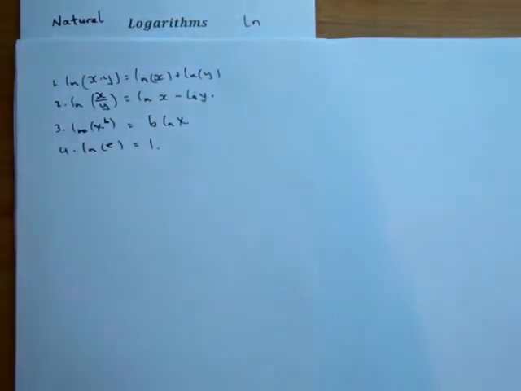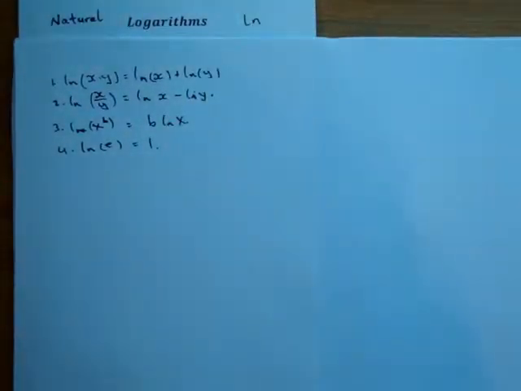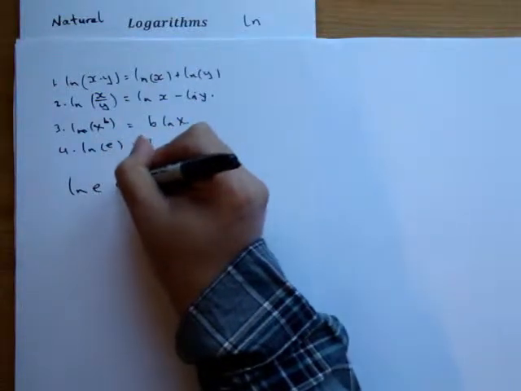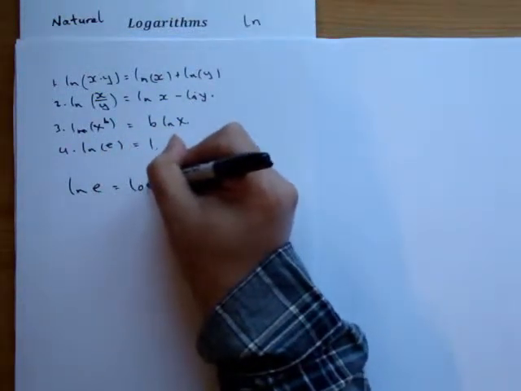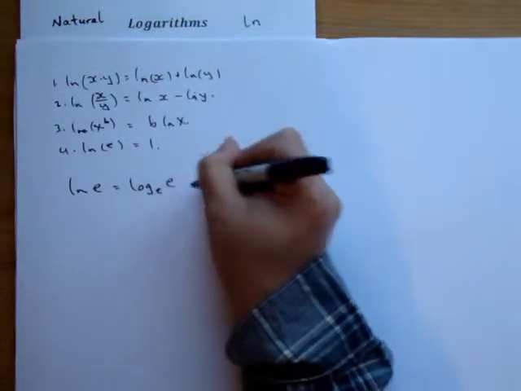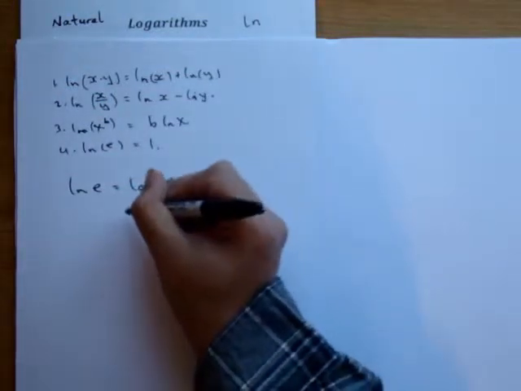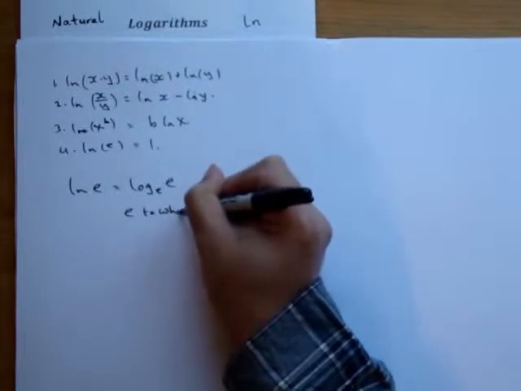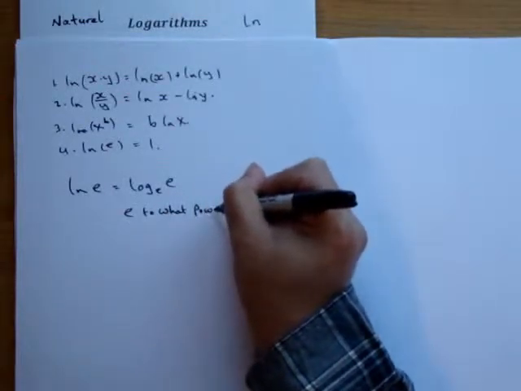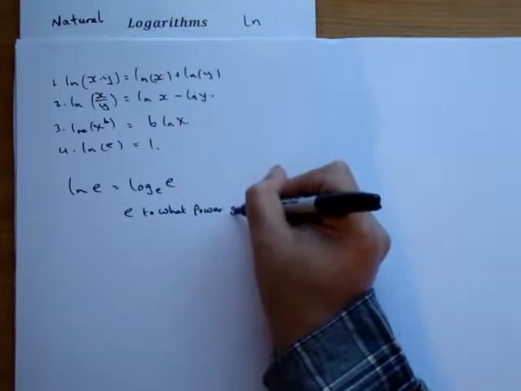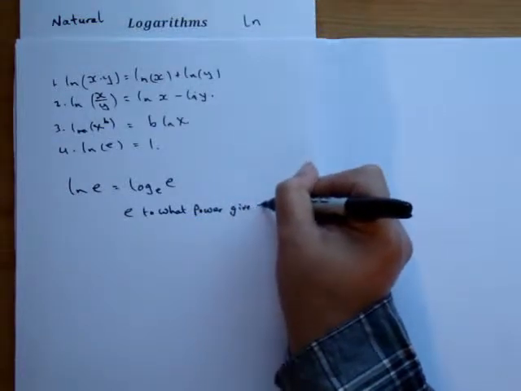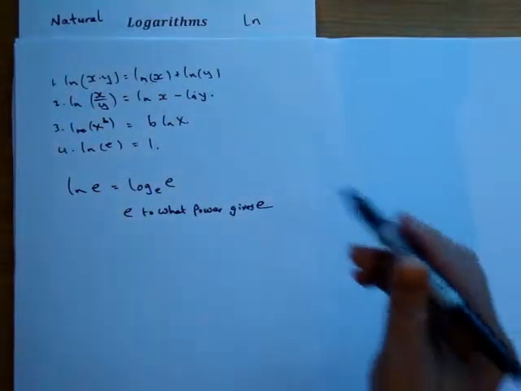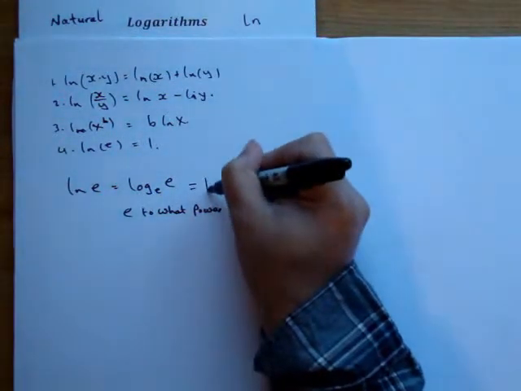And the natural log of e is 1. If we consider the natural log of e and standard logs, this is really log e to the base e. So we're saying e to what power gives e, and the answer is 1.